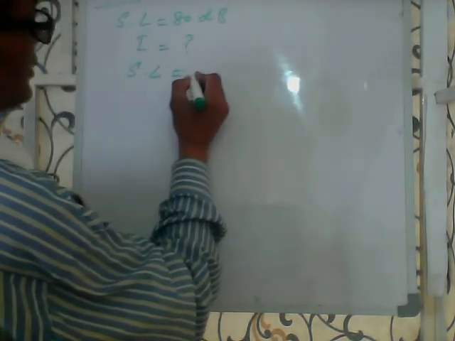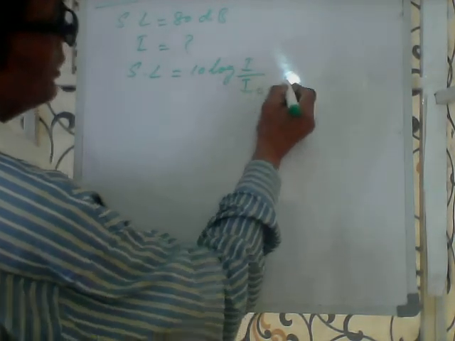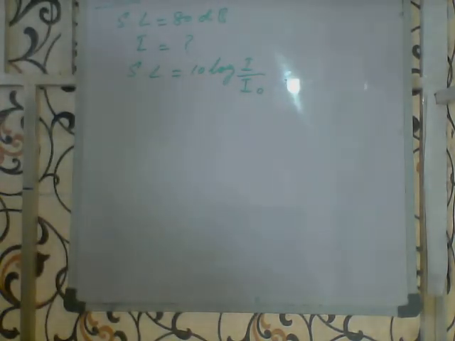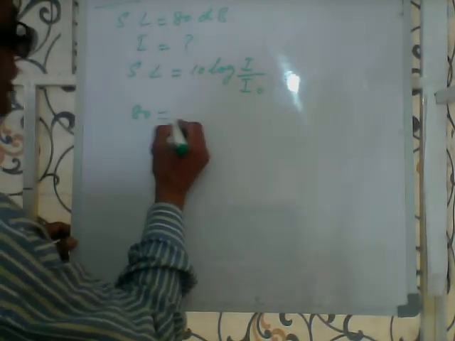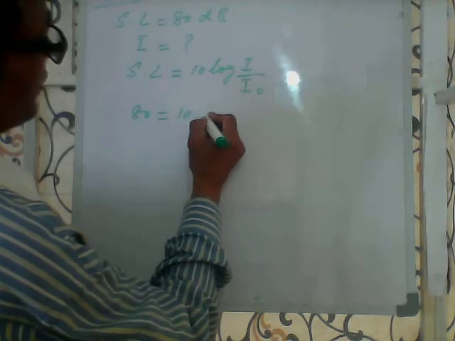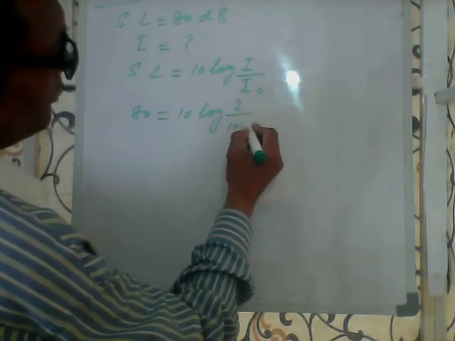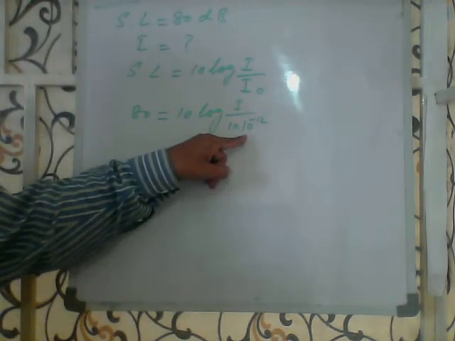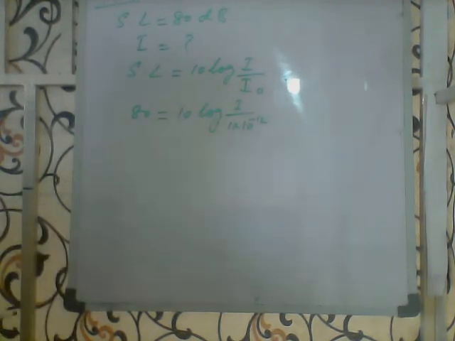Again, the same formula, you know, sound level is equal to 10 times log of I by I naught. So putting the values, we get 80 is equal to 10 into log of I by I naught. What is the value of I naught? Keep it memorized. I naught is equal to 1 into 10 raised to power minus 12.